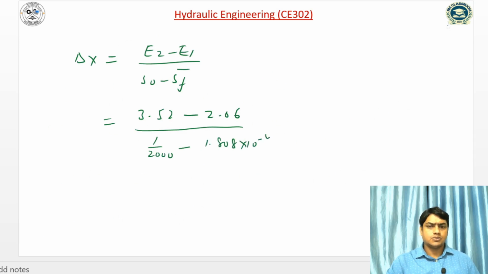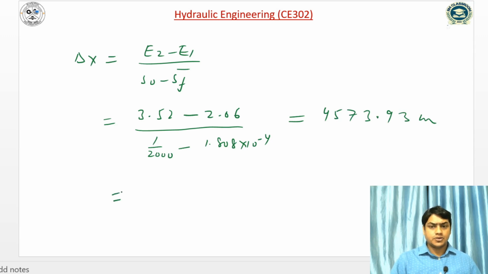So 3.52 minus 2.06 divided by 1 divided by 2000 minus 1.808 into 10 to the power minus 4 will be 4573.93 meter. So it will be 4.57 kilometer. 4.57 kilometer is the answer.